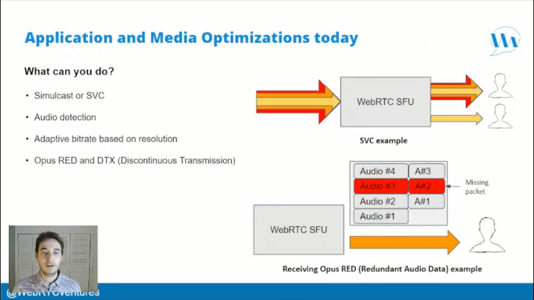Finally, there are also applications and media optimizations you can use to have better quality and a better experience when scaling. One way is using simulcast or SVC. So we can see it here in this example at the right top corner.